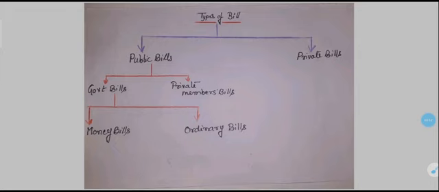I hope it's clear to you about the parliamentary committees as well as the types of bills. Note down all the things in your copies so that it will be easy for you to understand, because it is not discussed in detail in your NCERT.